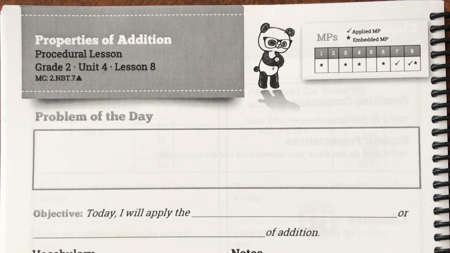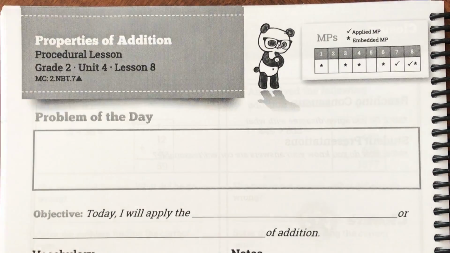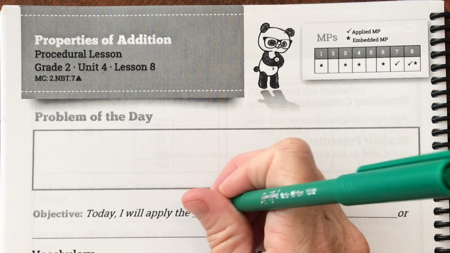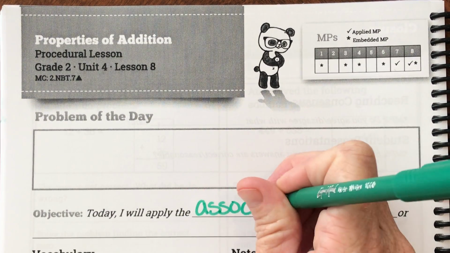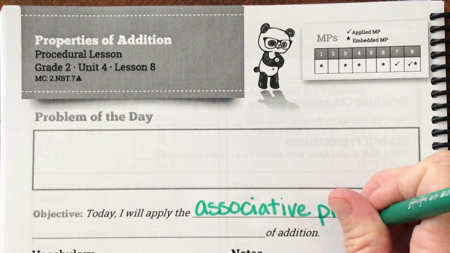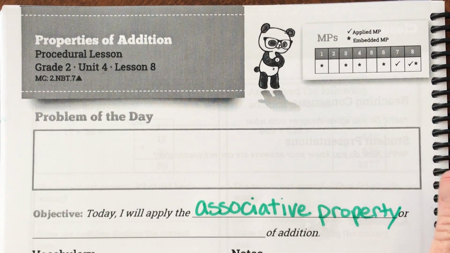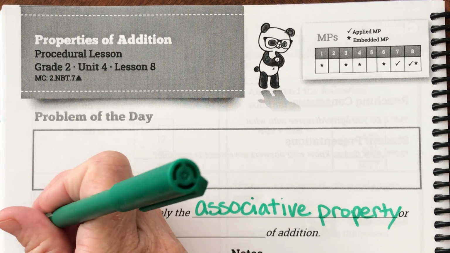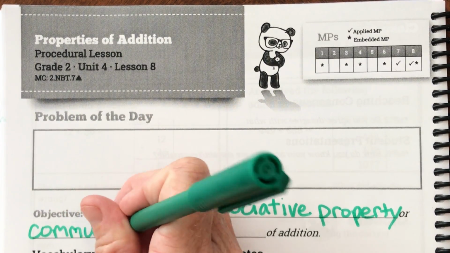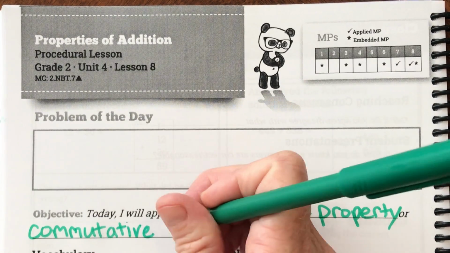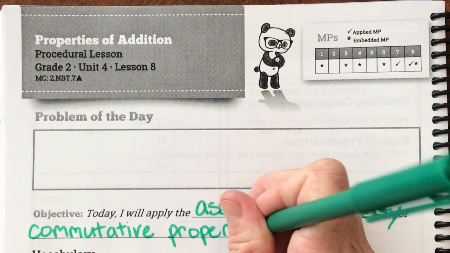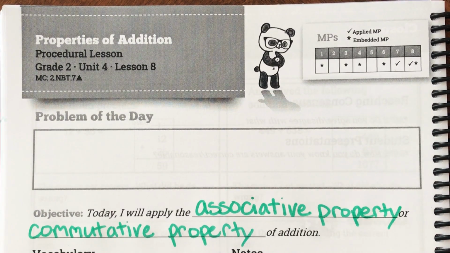And our objective today says, today I will apply the associative property or commutative property of addition.